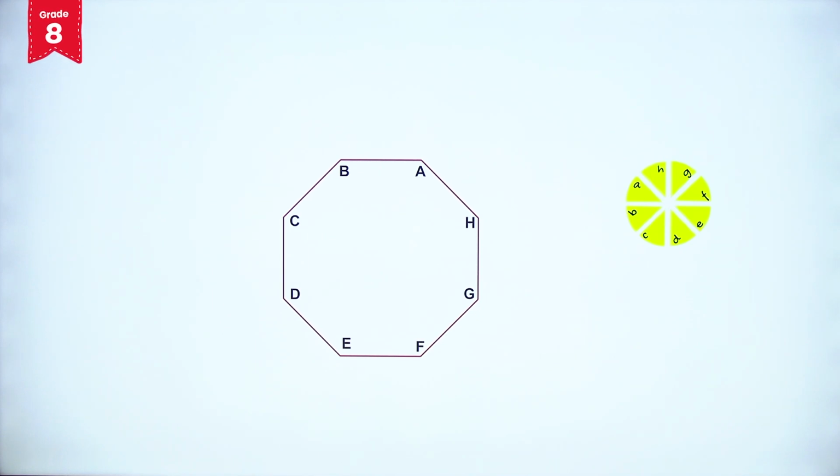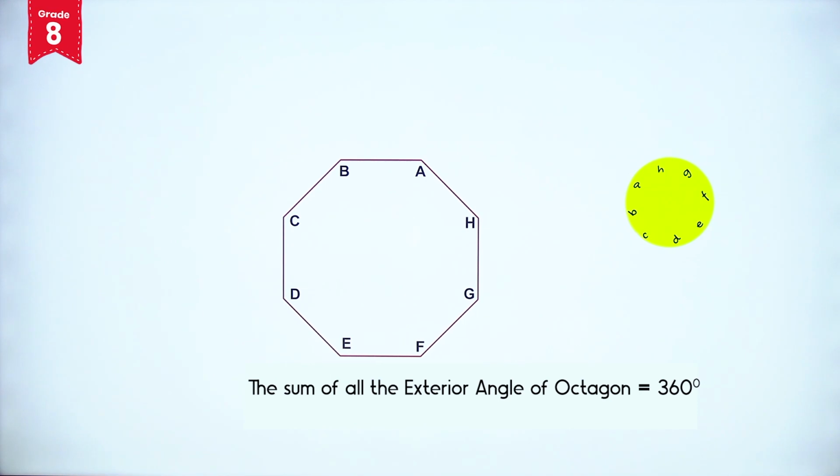Like this. As we know, the angle around the center of a circle is equal to 360 degrees. Therefore, the sum of all the exterior angles of the octagon will be equal to 360 degrees.